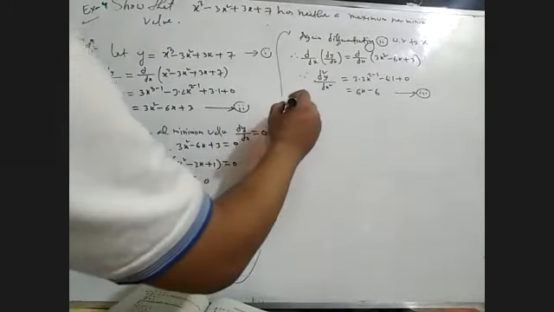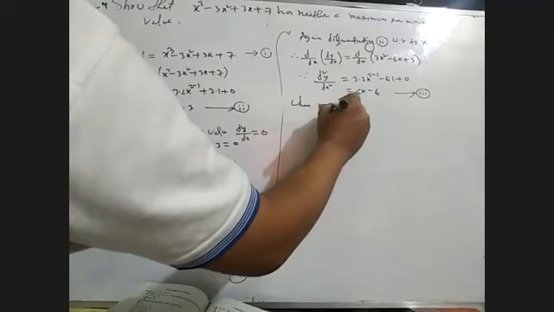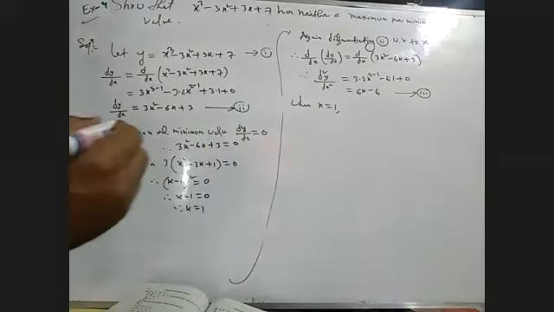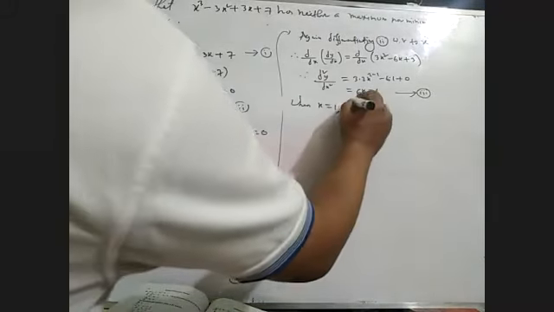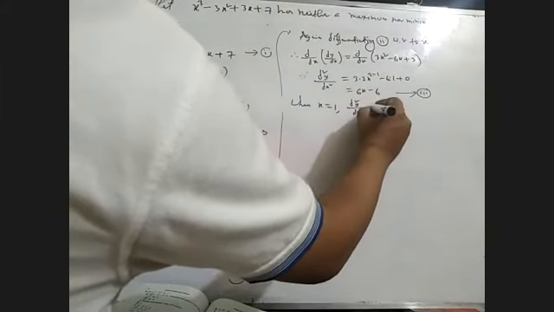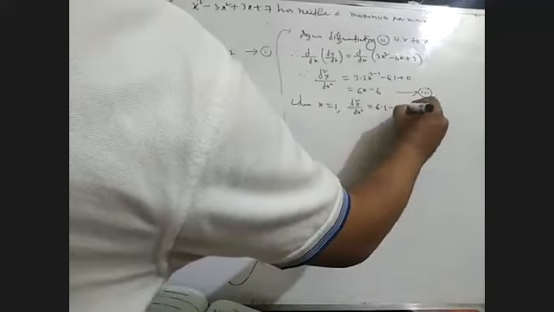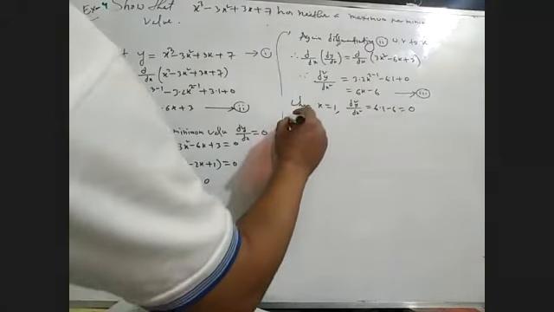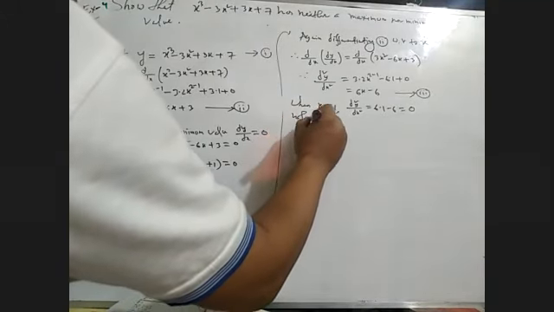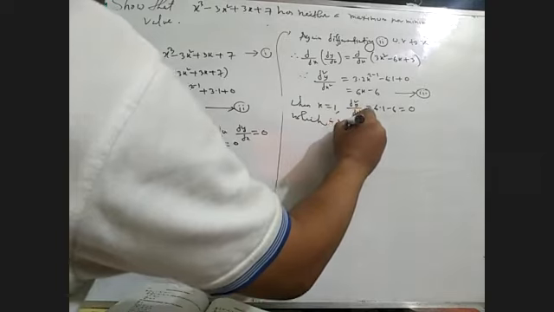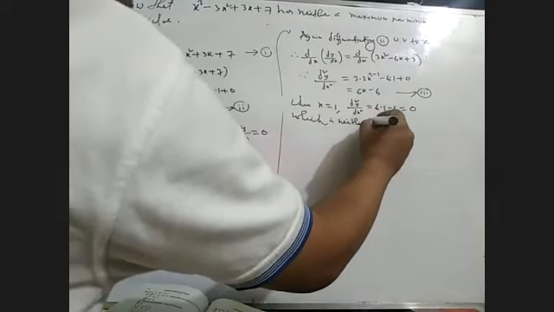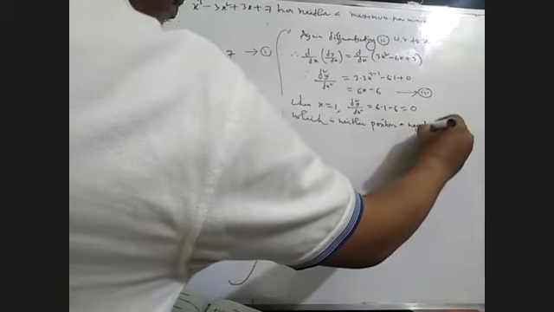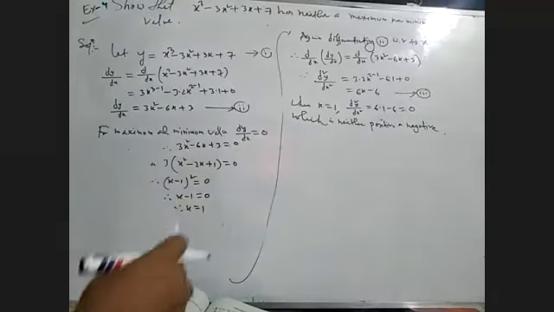Now when x equals 1, we are testing whether it has a maximum or minimum value. d square y by dx square equals 6 into 1 minus 6, that means 0. So the double differentiation value is 0, which is neither positive nor negative.